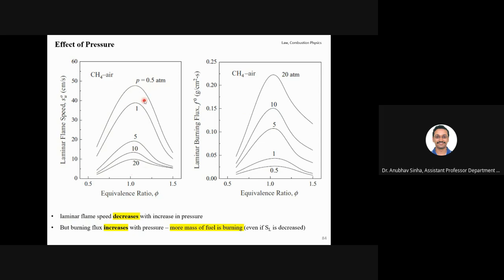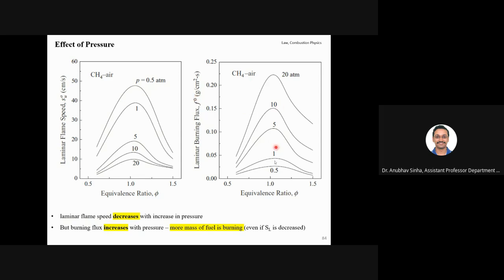Is this clear what is happening here? Yes, sir. Okay, so flame speed is actually decreasing, but the mass of fuel burnt, shown here as laminar burning flux, in gram per centimeter square second, which talks about your mass flow rate m dot per unit area.